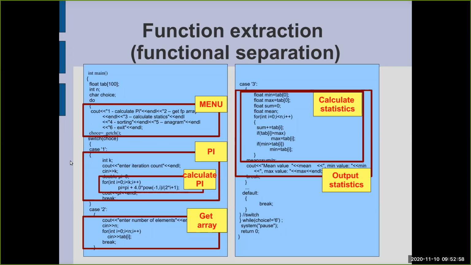Then we have this block which calculates pi. But inside this block, we can also extract the block which calculates pi and this outer block which performs the user interaction, so asks the user and prints the result. Here this cout pi belongs to this outer block.